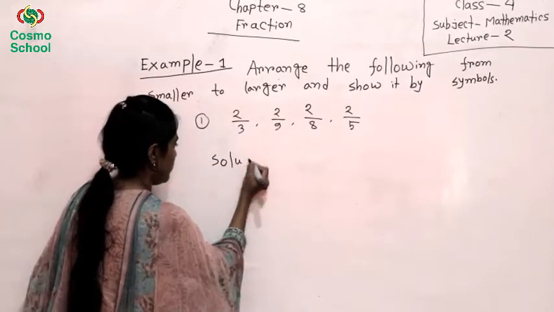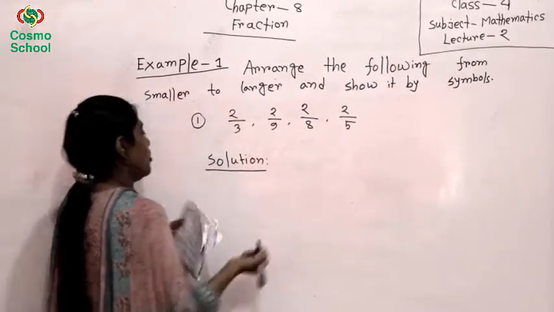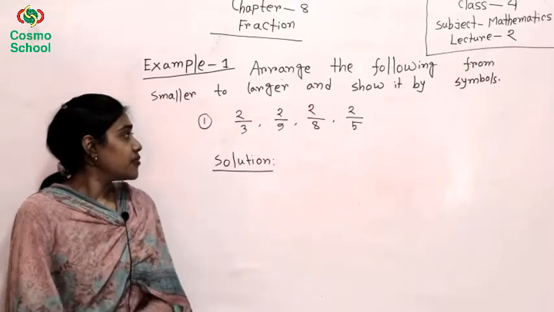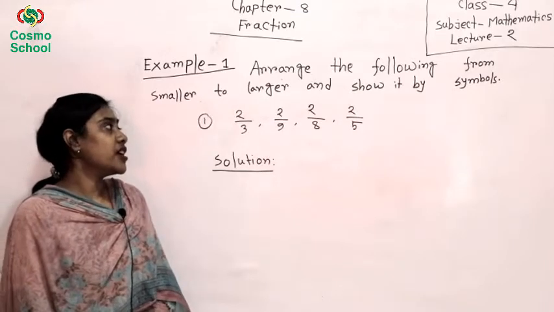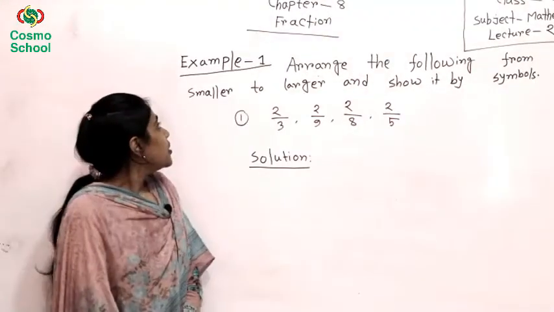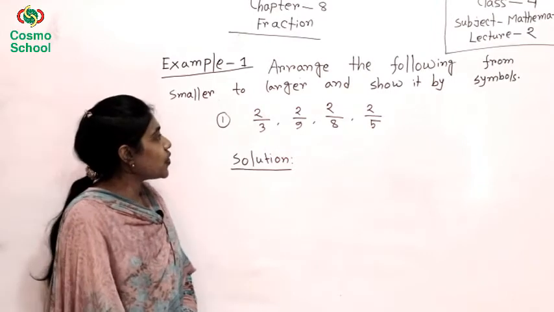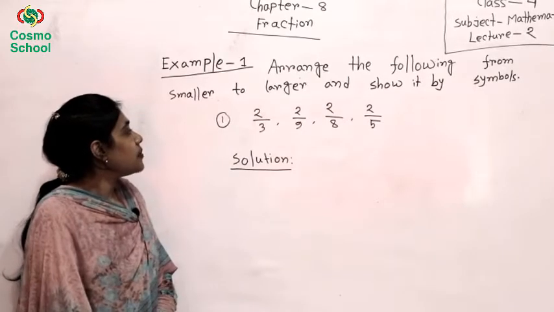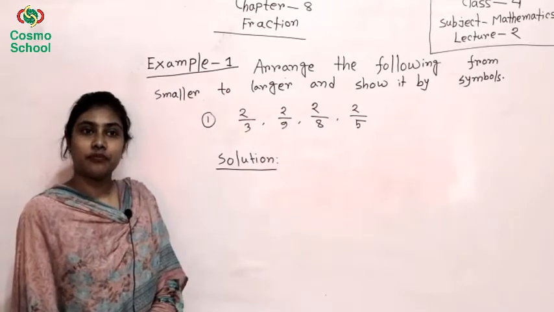Solution. We know from the previous lecture that when the numerators are the same, the denominators decide. In the math, I can see that all numerators are the same.